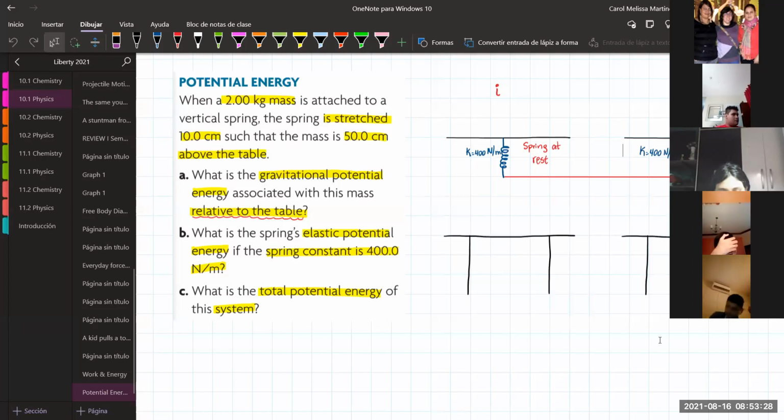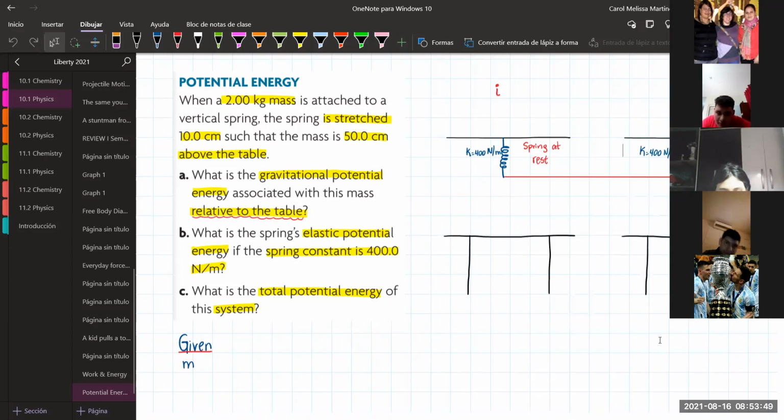So I have my sketch, and I will start writing the given. The mass is 2 kilograms. The x, or the distance stretched from the spring, is 10 centimeters.